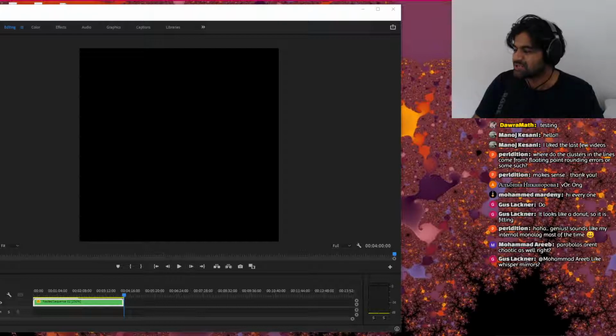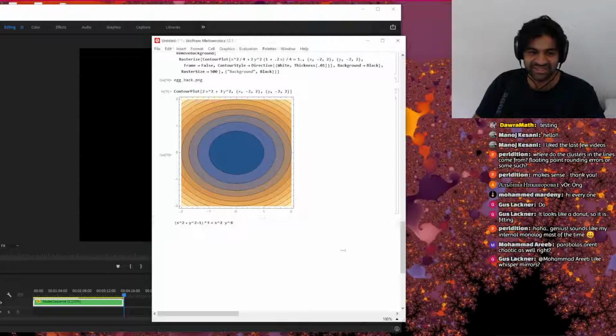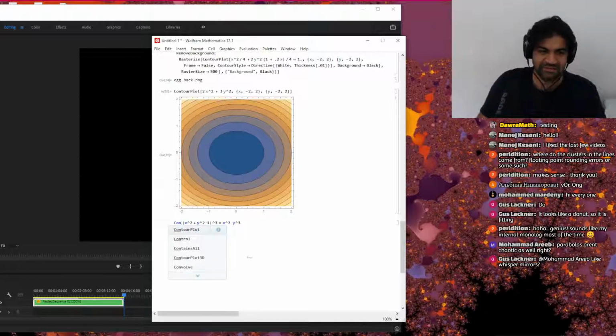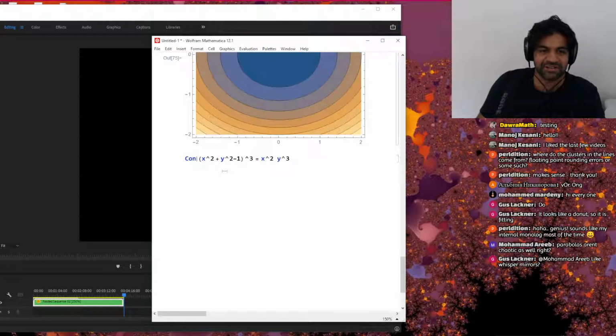Yeah, so it turns out if you would like to graph a heart, let me copy this. This is the implicit equation, right? So if you just do a contour plot, also let me zoom in a bit.